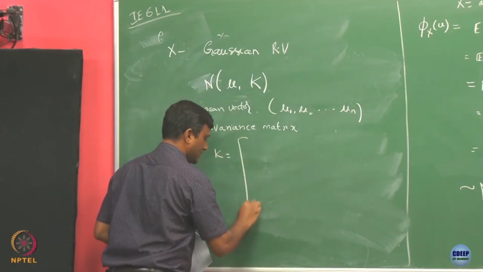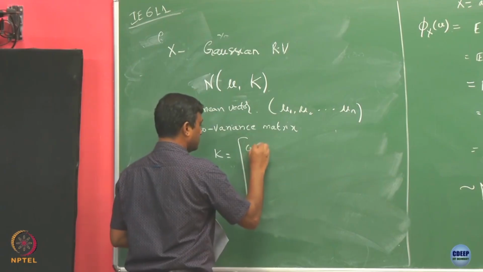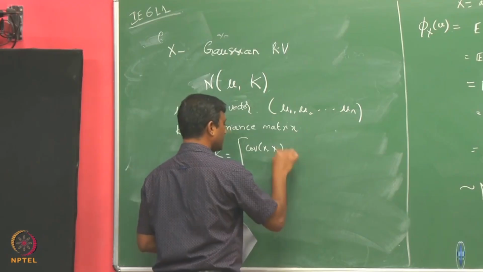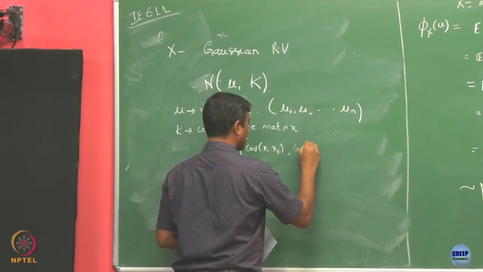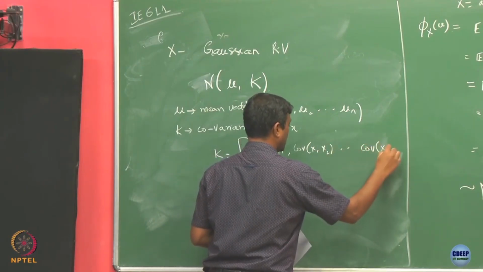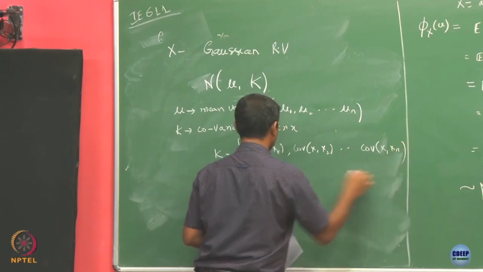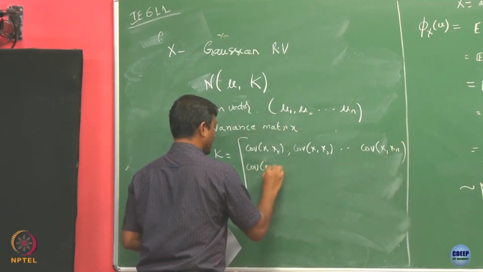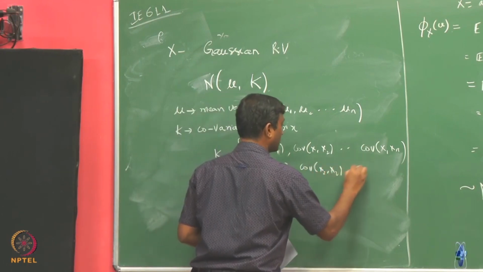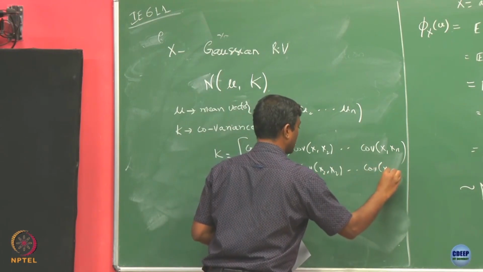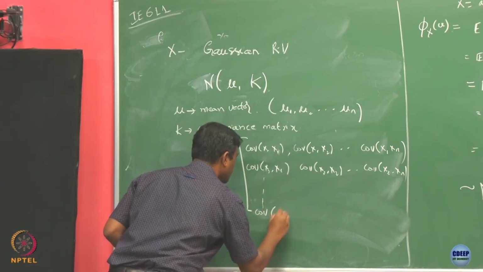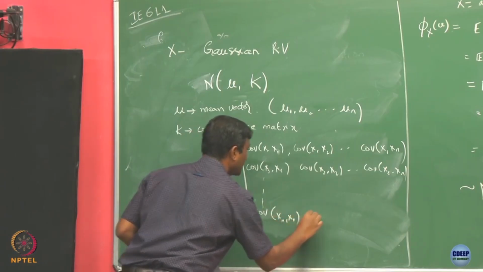It is going to be a matrix of covariances: covariance of x1 with itself, covariance of x1, x2, up to covariance of x1, xn, and similarly x2, x1, and so on.